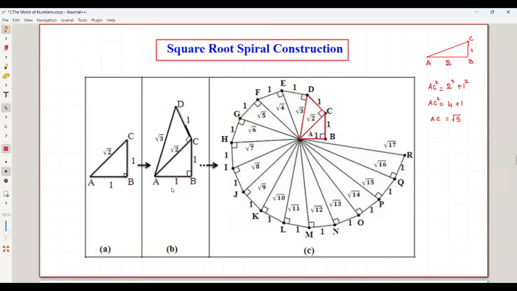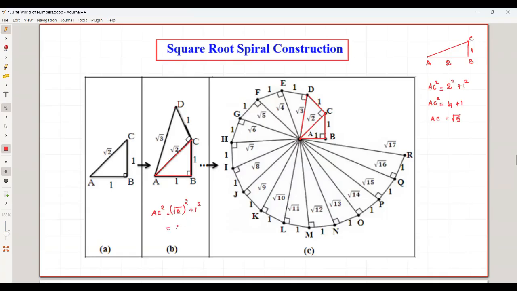So root 3 construction is given here. First, you have to construct root 2. This is the construction for root 2. Correct? First, we take 1 unit, 1 unit. So join, we get root 2. For getting root 3, how will we get it by applying the Pythagoras theorem? AC square is root 2 square plus 1 square.